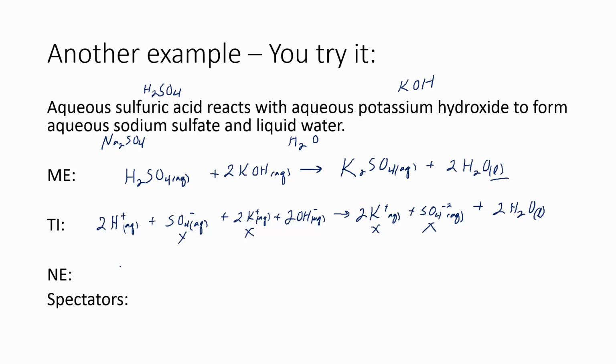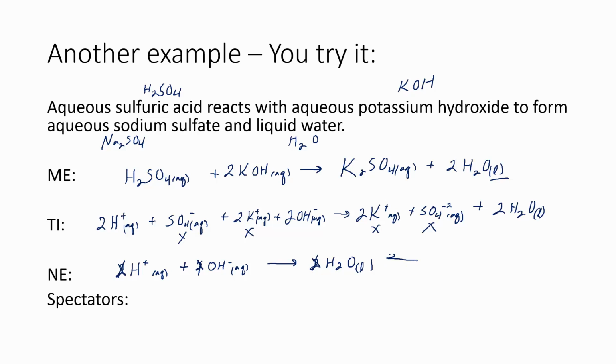So in reality, what we're looking at here with sulfuric acid and potassium hydroxide is two hydrogen ions and two hydroxide ions forming two water molecules. And in fact, when we report this, we want the simplest whole number ratio. So we just say H plus and OH minus make water.